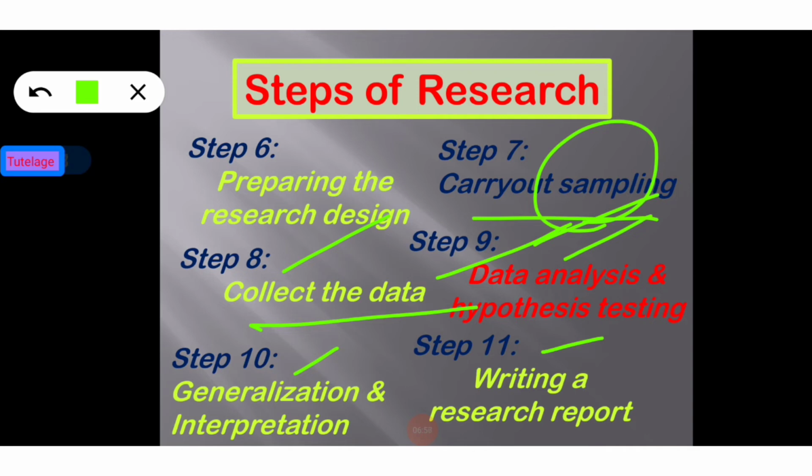We have to know all the required things, all data, all figures, formulated hypotheses, variables, research design, and the conclusions, generalization, interpretations. All things are included in the research report. This is the last step of research, and I think all the research steps are clear to everyone.